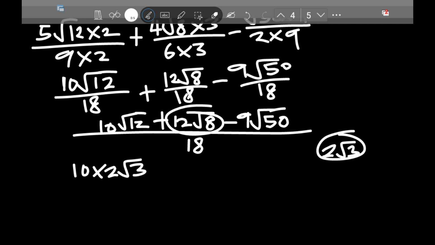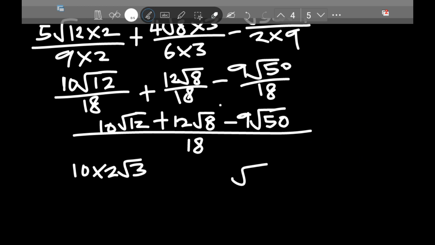Now for this one, you want to think of how you can break these roots. Let me clear up this stuff first. How can you break this root 8 into two numbers? You can simply use 4 times 2, because 4 times 2 is 8. Square root of 4 is 2, so the 2 remains square rooted.